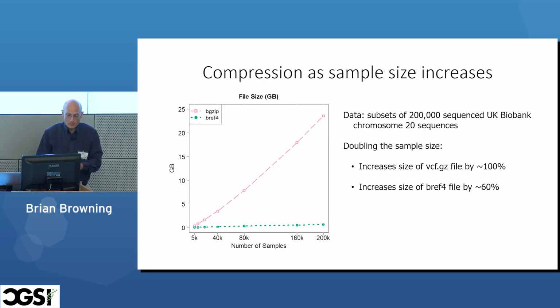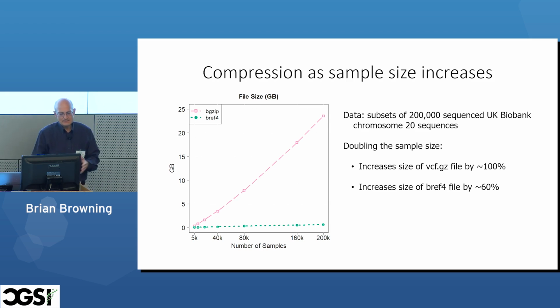And it does very well. This is comparing to BGZip, on 200,000 sequenced UK Biobank genomes from our phasing of the data, and just for chromosome 20, but this result will hold for the whole genome. On the y-axis, we have the size. On the x-axis, we're looking at different size subsets.